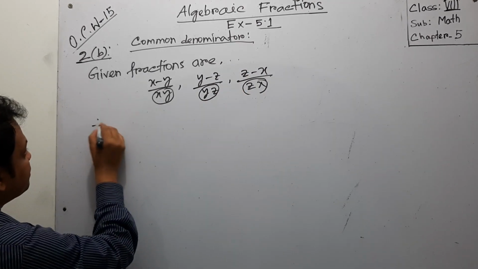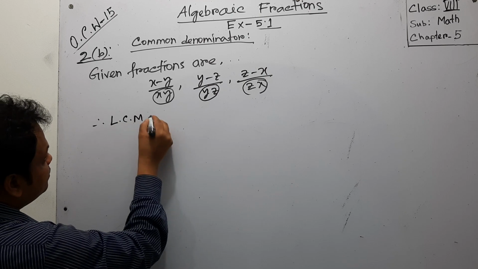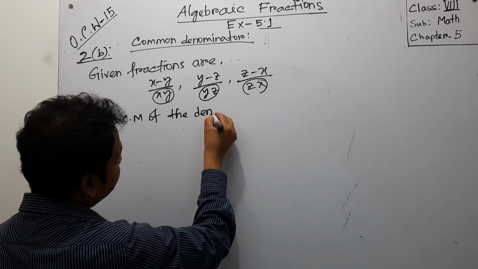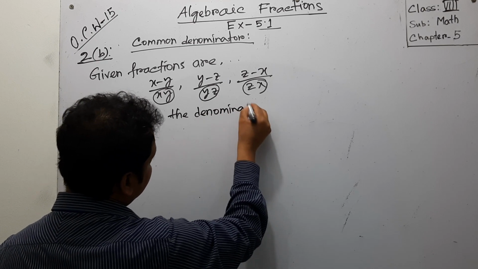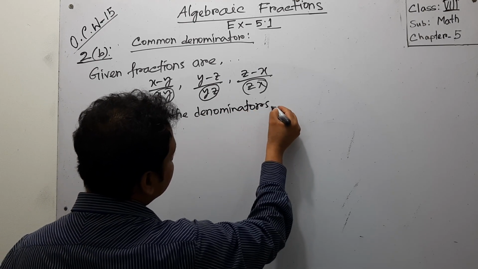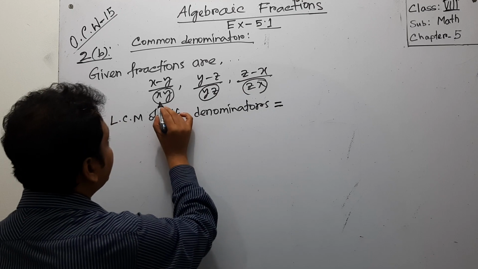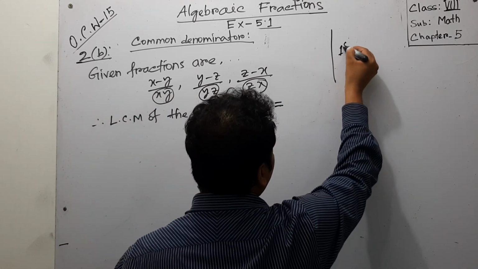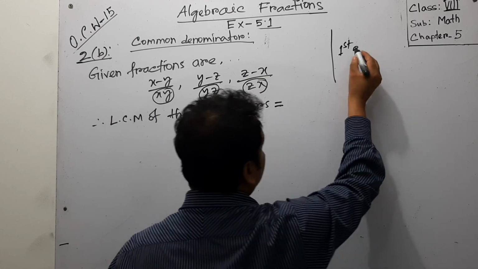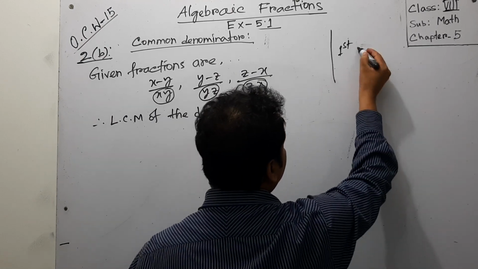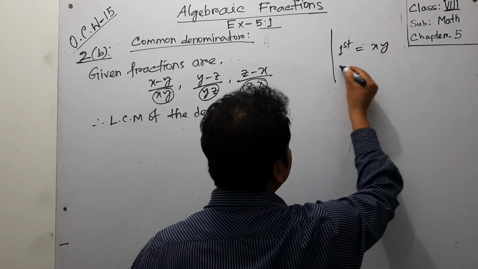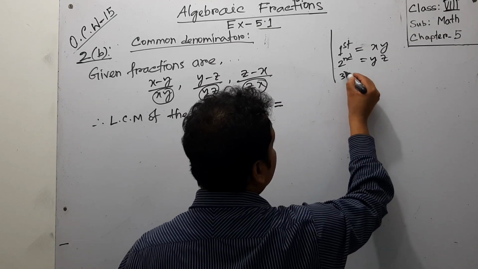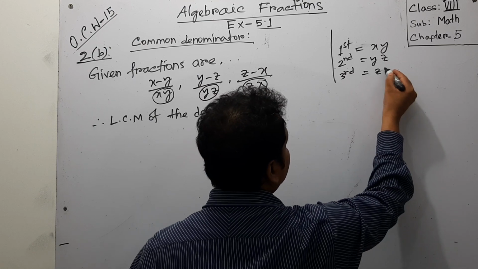Therefore, the LCM of the denominators, here xy, yz, zx. I want to make a graph here. The first fraction's denominator is xy, the second is yz, the third is zx.